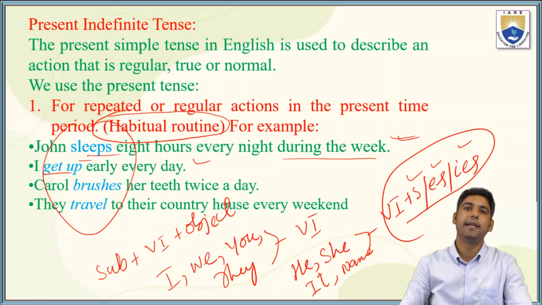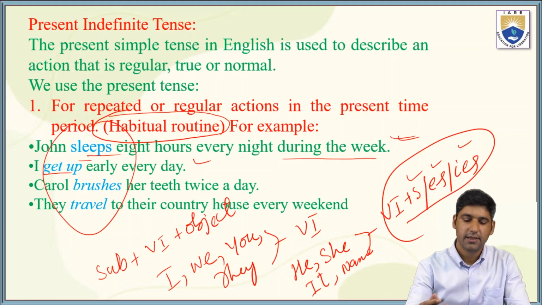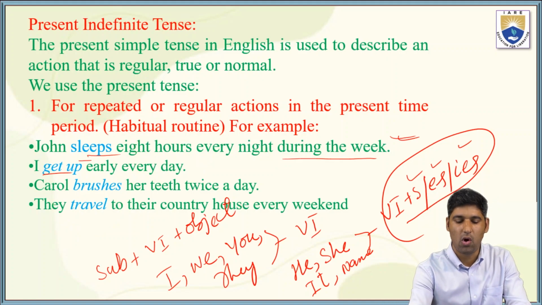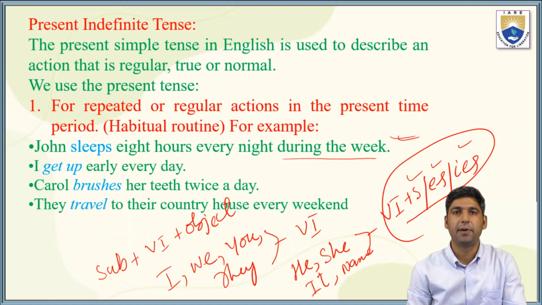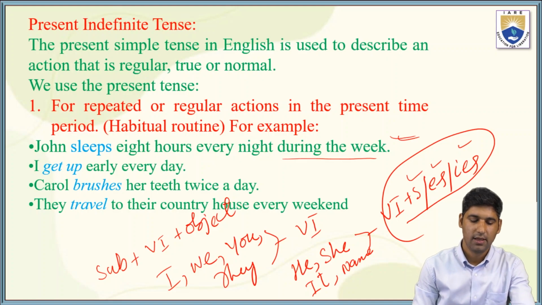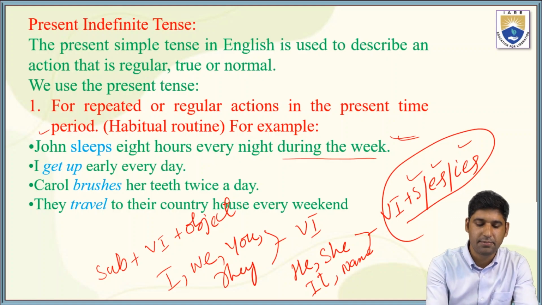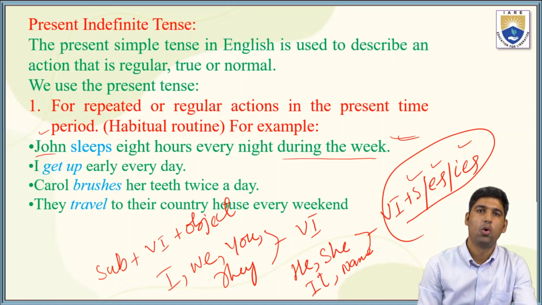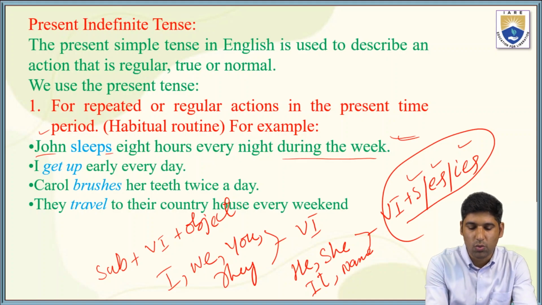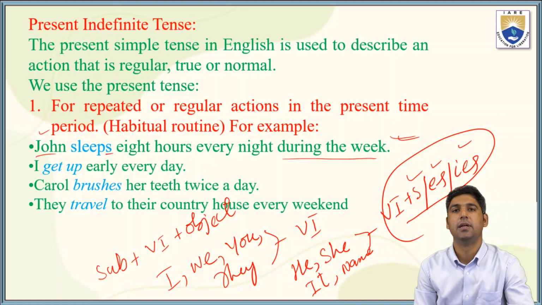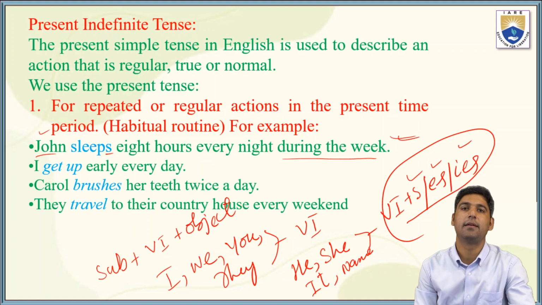So for present indefinite tense, we need subject, we need verb first form. If it is third person, then verb may demand s, es or ies. Here we have the third person subject John. So verb requires s. That's why I wrote sleeps. That's why I didn't write sleep.